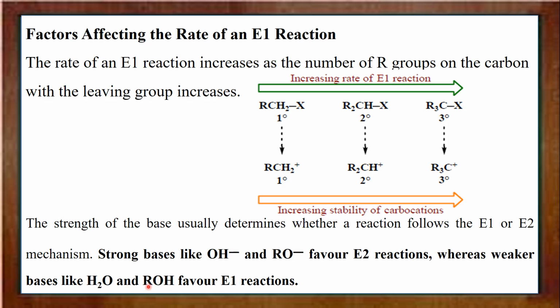So usually in E1 elimination reaction, the substrate is heated with water or alcohol like bases and not with strong bases, because the strong bases will lead the reaction by another mechanism, the E2 mechanism. For E1 reaction, we have to make use of the weaker bases only, like water or alcohol.